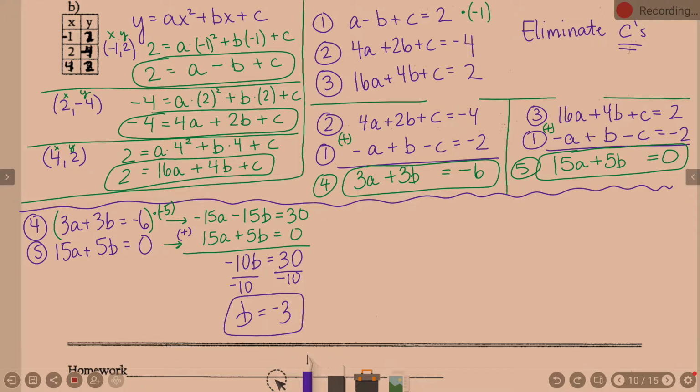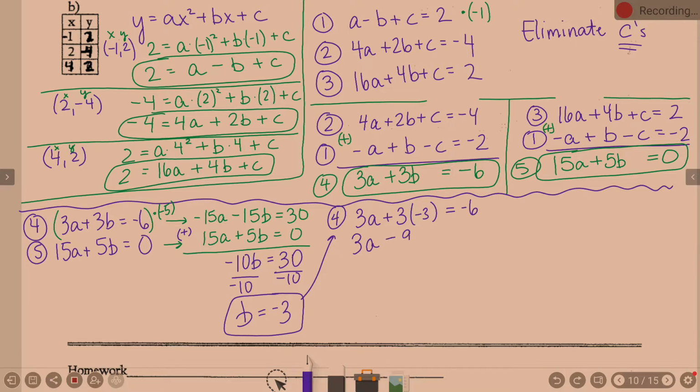I plugged it into 4. Okay, so if we plug it into 4, 3a plus 3 times b, which is negative 3, equals negative 6. 3 times negative 3 is negative 9.